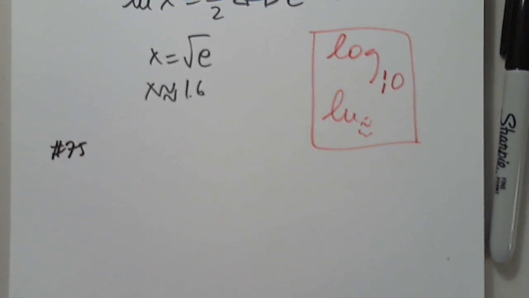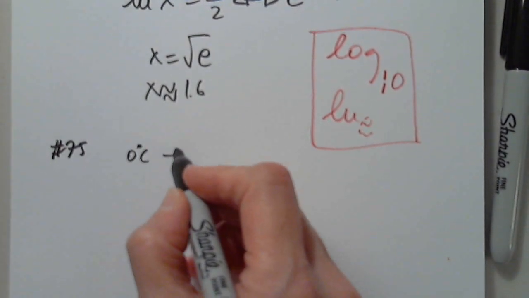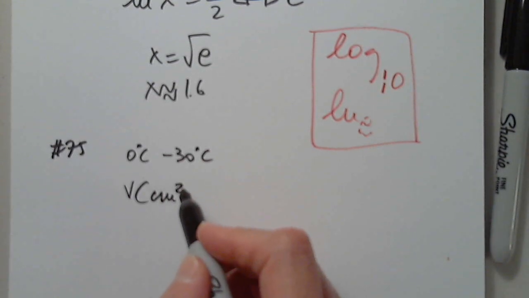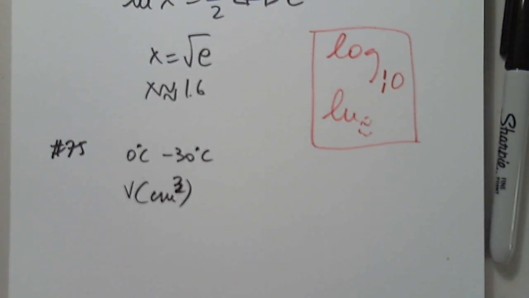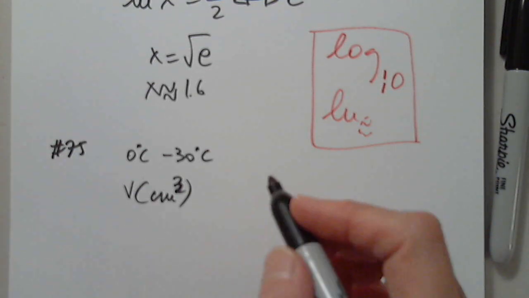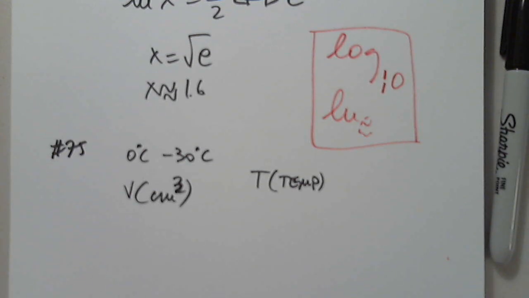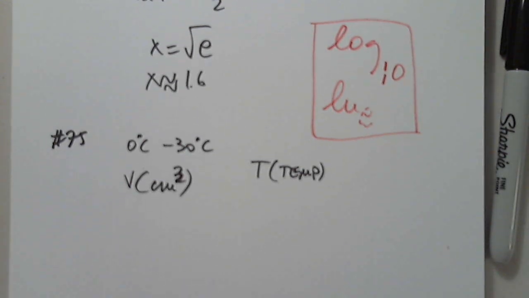Between 0 and 30 degrees Celsius, the volume in cubic centimeters of 1 kilogram of water at a temperature T, so T is temperature, is given approximately by the formula. Fine.